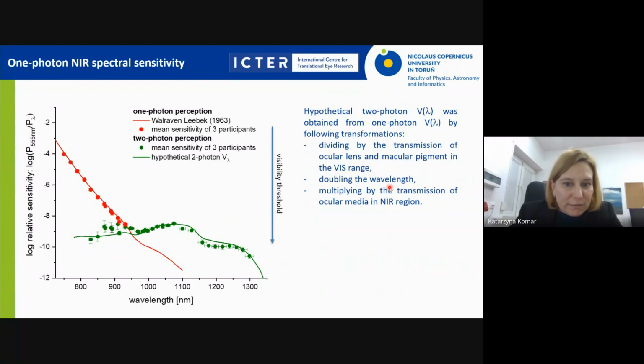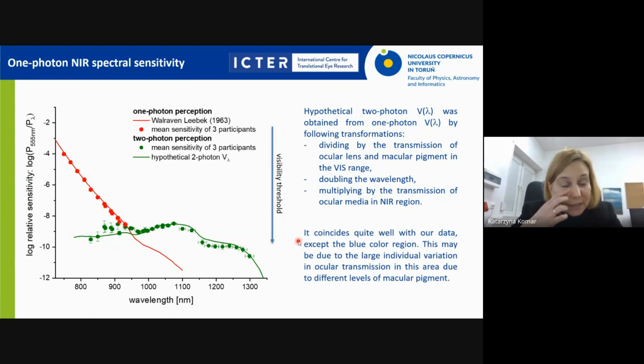Then we double the wavelength, and then we multiply this doubled wavelength hypothetical V lambda by the transmission of ocular media in the near infrared region. And then we obtain that curve, and you can see here that it coincides quite well with our data, and the only region of exception is in this blue part of the spectrum, which might be connected with the presence of these 2 thresholds in this region.